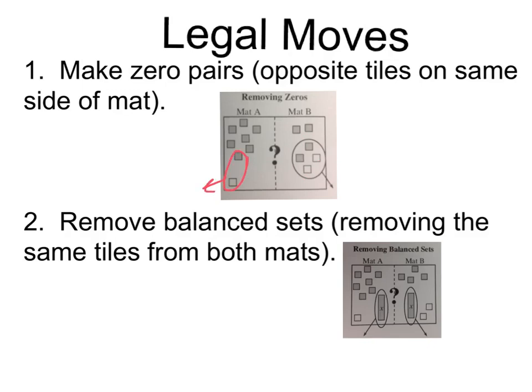Okay? The new move that you're learning today is removing a balanced set, and that's when you take the same tiles off of both mats. So in the example below, we can take x off of both mats, we could take -1 off of both mats, and we could take 4 off of both mats, and then see what's left to compare them.